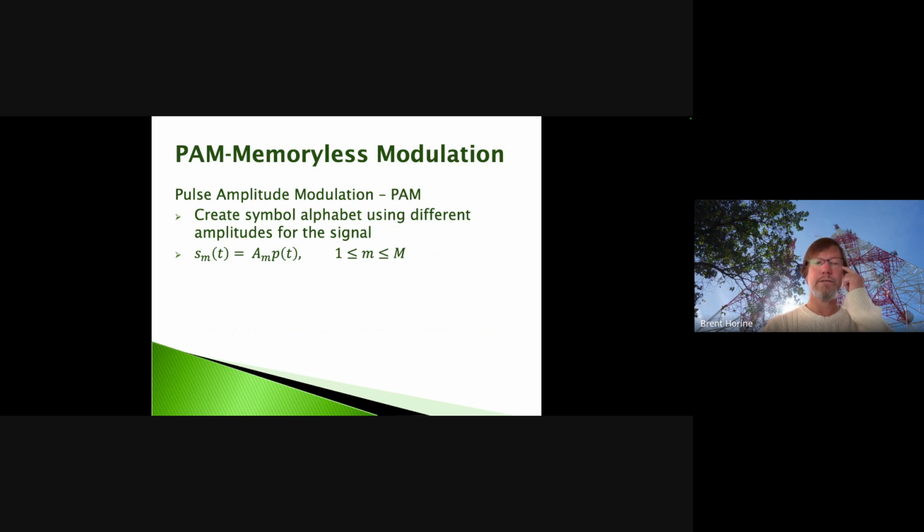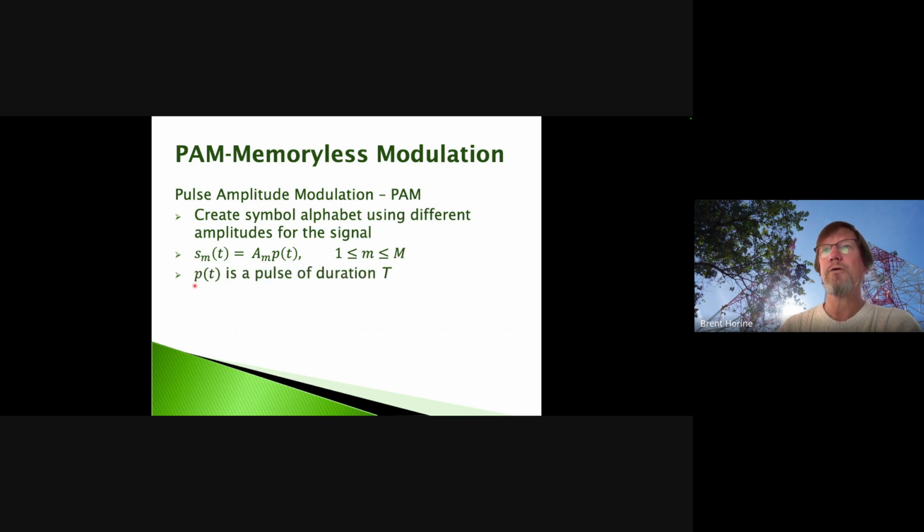And then so now we can map our M different symbols, right? So we've got cap M here and a particular m. We can modify this pulse with some amplitude, and that will give us the symbol S sub m, right?